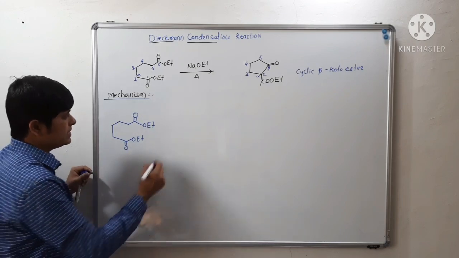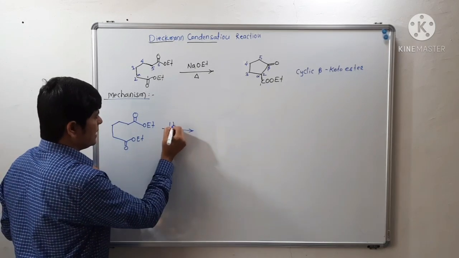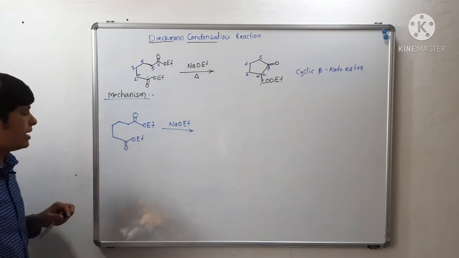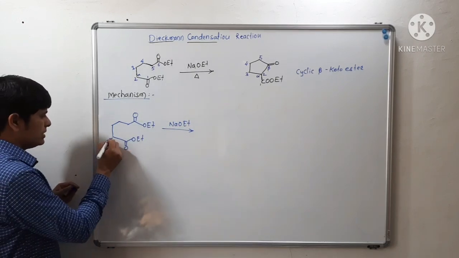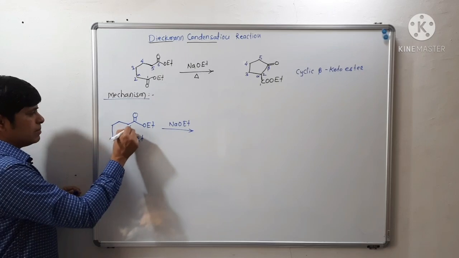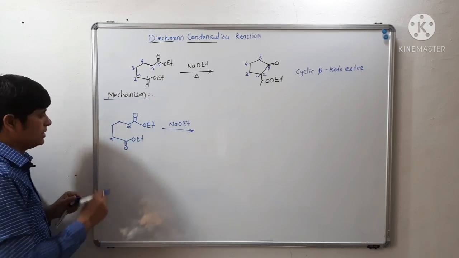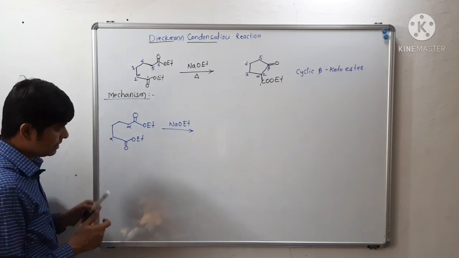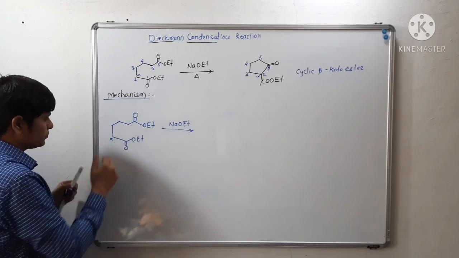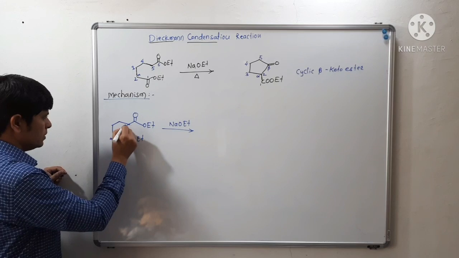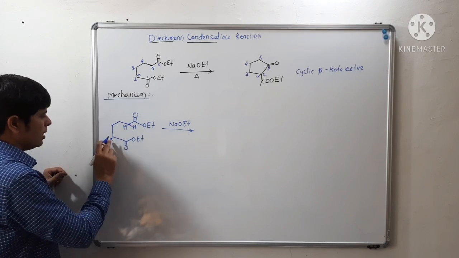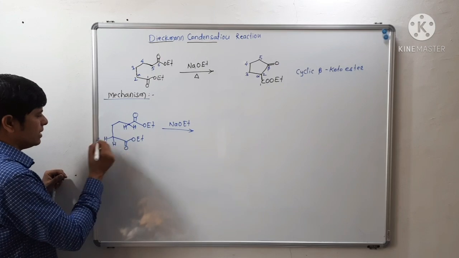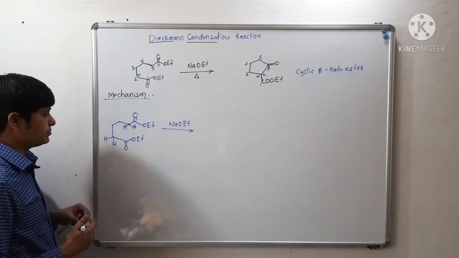Then find out which is the alpha carbon and which is the alpha hydrogen atom. This carbon atom is alpha and this carbon atom is also alpha. We have alpha hydrogen atoms at this position, which I can show. So these two hydrogen atoms are alpha hydrogen atoms and these two hydrogen atoms are also alpha hydrogen atoms.